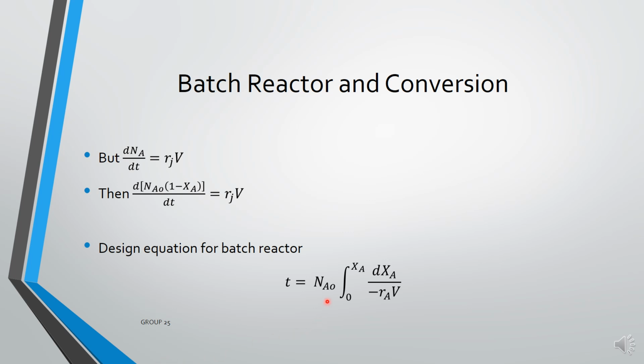NA0 here is representing the moles in the beginning, and XA is the conversion of the reactant. Minus rA is basically the rate of reaction, and V is the volume.